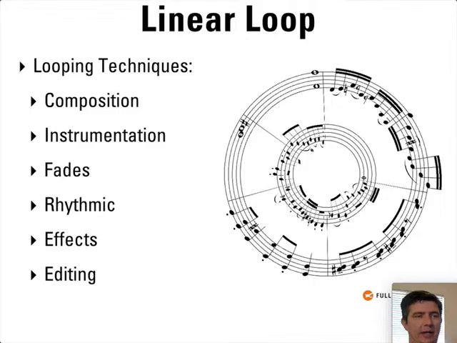If you have a string section that has a slow attack that fades in over time, then it sustains all the way through, and then it stops, and then it repeats, fading in and stopping over and over each time, you can draw attention to it, so the listener says, oh hey, I hear the loop. I hear where the instrumentation is getting cut off and starting up again every single time at the beginning.